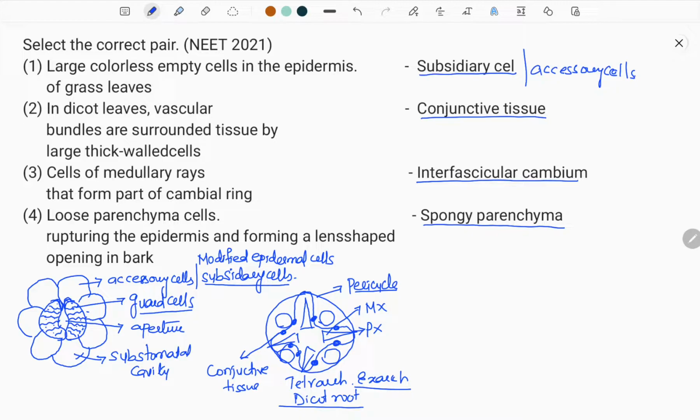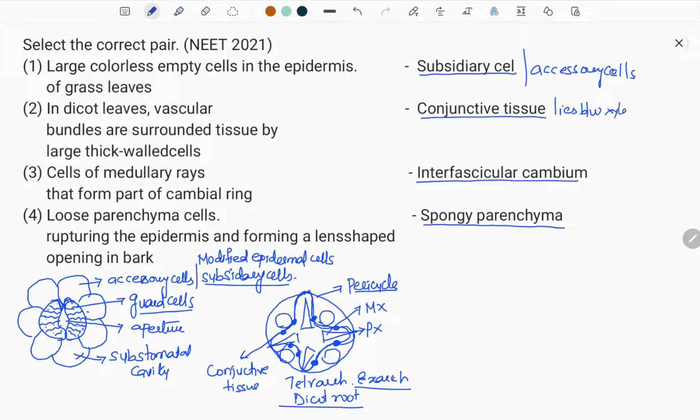It is formed from pericycle and the conjunctive tissue. When it is formed, it is wavy and star-shaped, and gradually, over a period of time, it will become a circle. This is a peculiar phenomenon seen in dicot root during secondary growth. So remember, conjunctive tissue lies in between xylem and phloem.